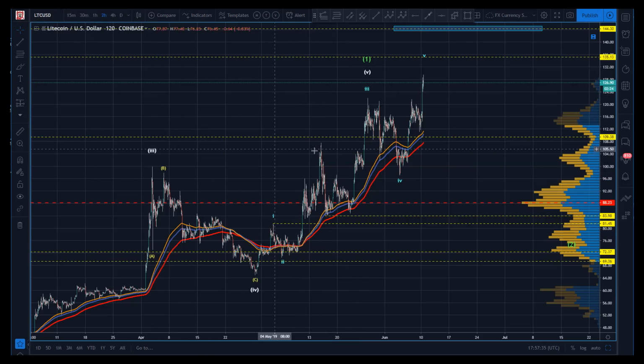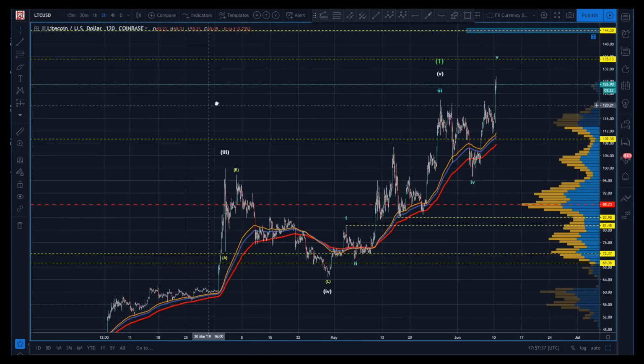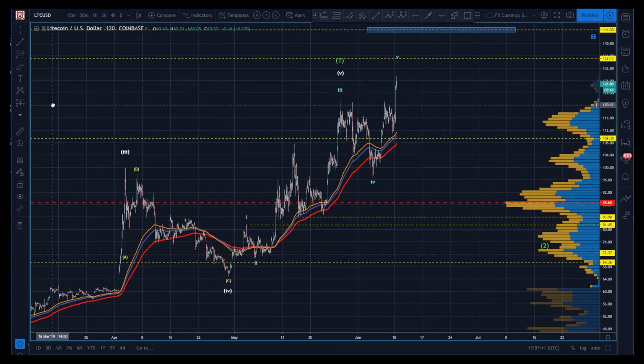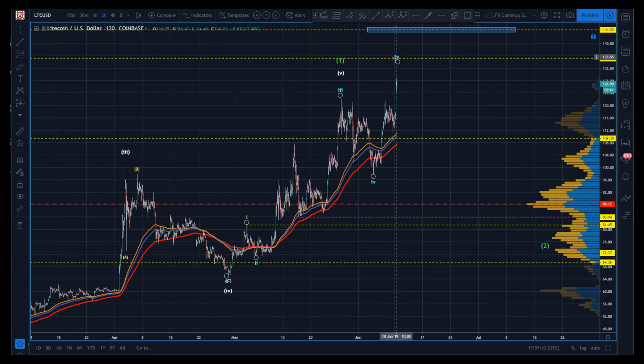These pivots here are tied to pivots off to the left, so I'm going to leave those in play. We've got a potential pivot up here that we might be looking at. If this is 1, 2, 3, 4, well, that means we've got to get an impulse here into this 3.